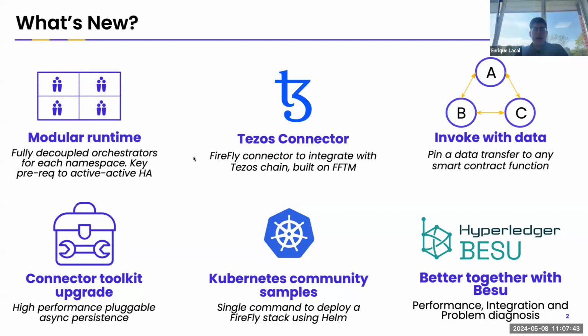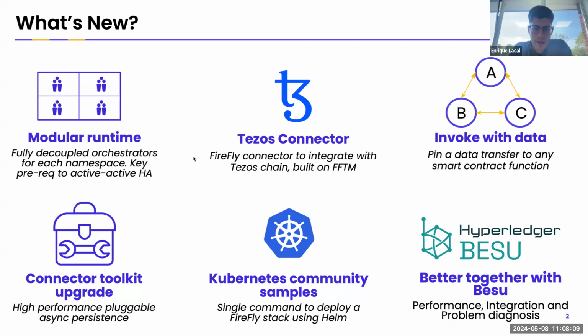We've also made a lot of big changes to the blockchain connector toolkit, FFTM, the FireFly Transaction Manager. It was a really big piece of work by Pierre to make it more performant, with a pluggable persistence layer with PostgreSQL. I'll dive a little deeper into that, along with a lot of changes to how transaction summaries are created and stored in that tool.